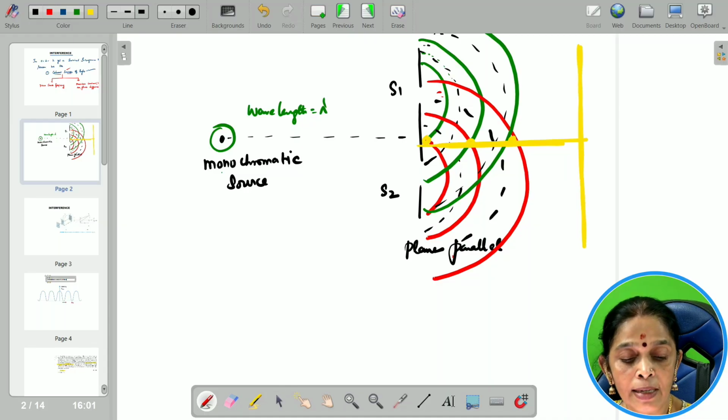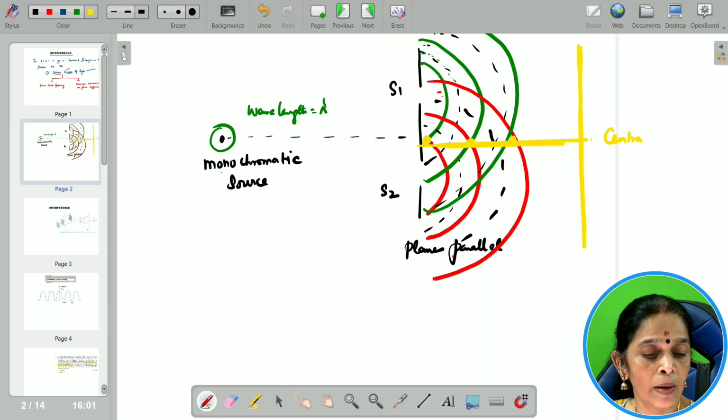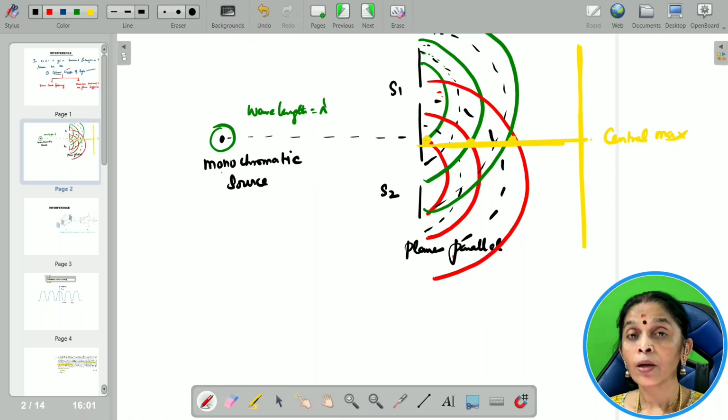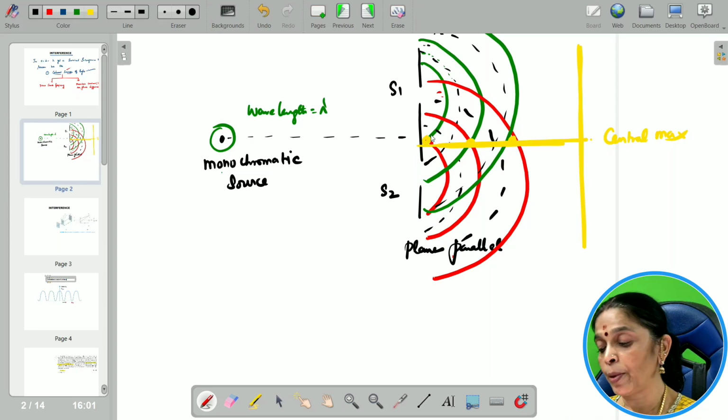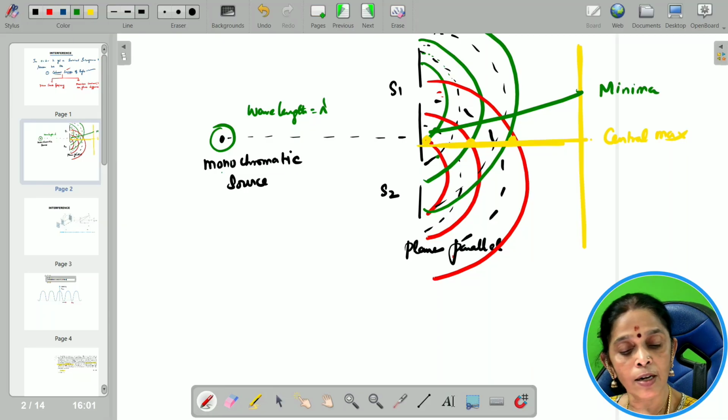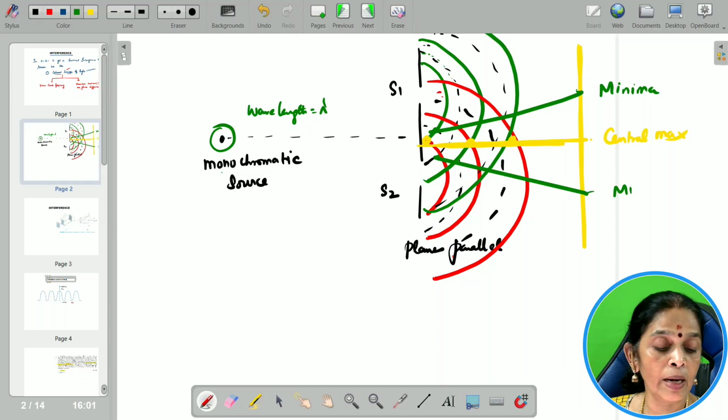Therefore, it is called the central maxima, because crest and crest are overlapping. Similarly, wherever crest and trough overlap, you get minima. And similarly here also crest and trough overlap, so you get minima.